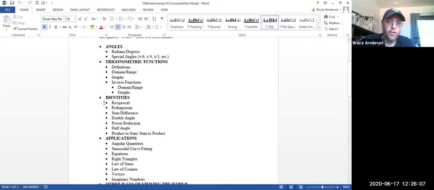We had the reciprocal, like tangent is 1 over cotangent. You have the Pythagorean. I didn't put on there the quotient, which is tangent as sine over cosine. The sum and difference of angles, the double angle, power reduction, half angle, product to sum, and sum to product. So we have a lot of them there.